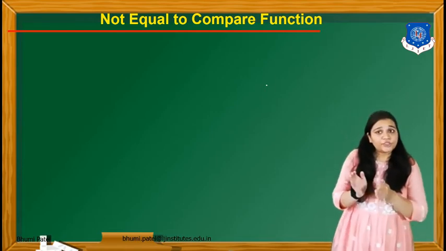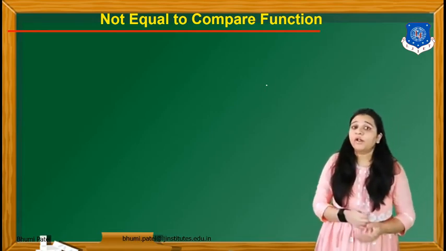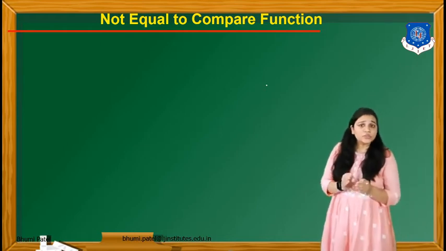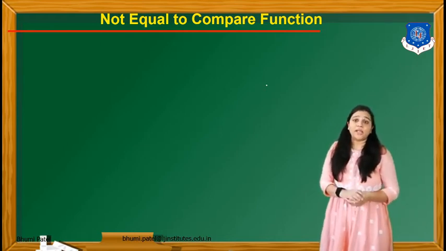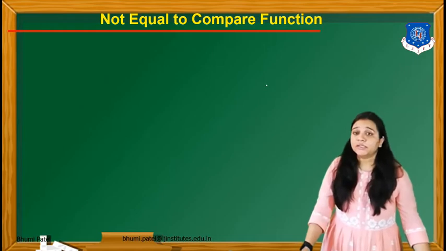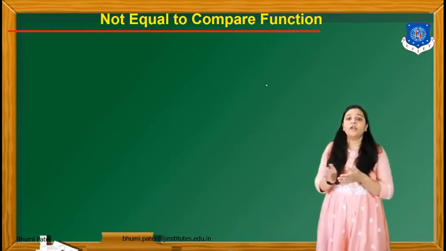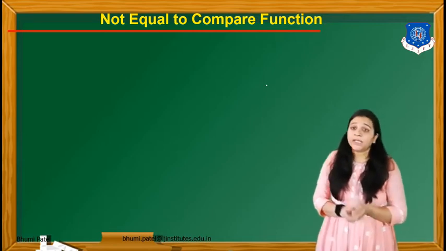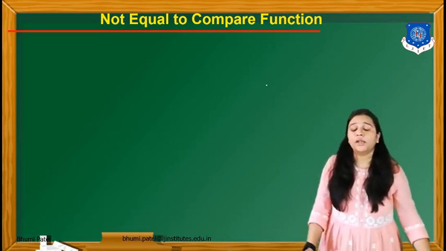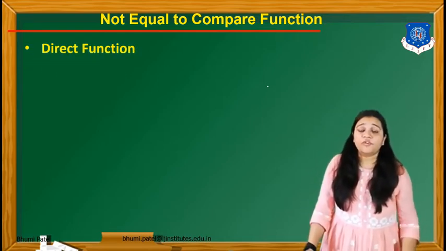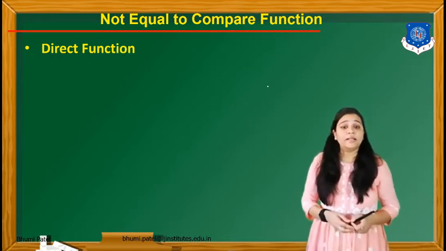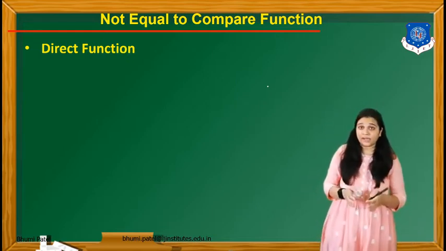As you remember, the not equal to compare function is not a direct function used in PLC programming. So we compulsorily have to derive it using the equal to or the greater than or equal to compare function. First, we draw the ladder diagram using the direct function.